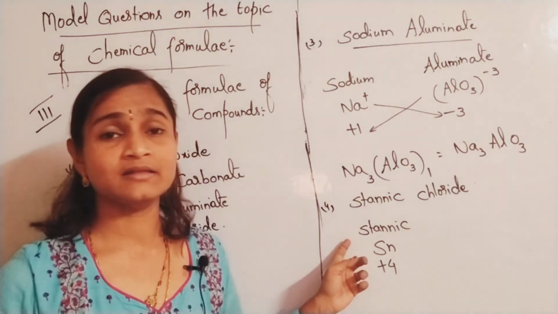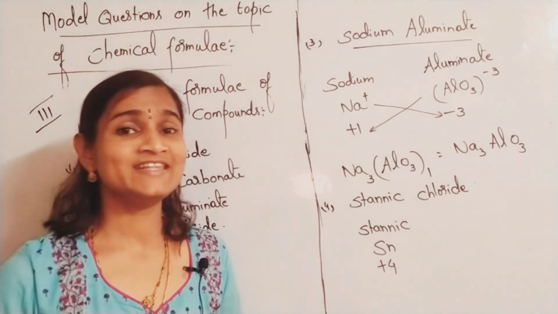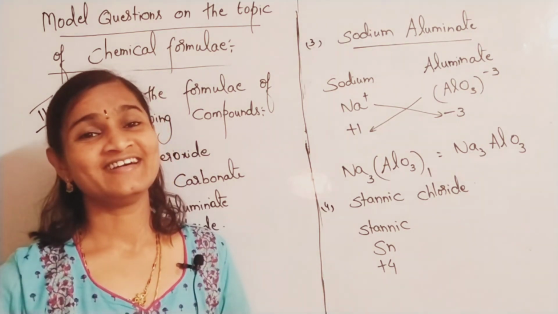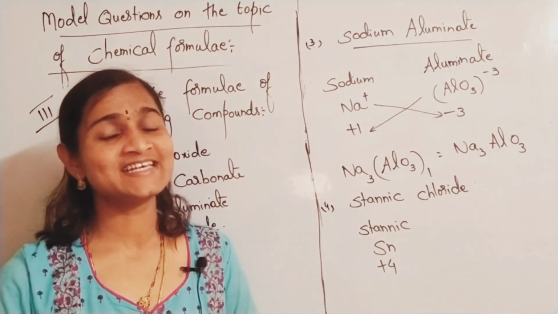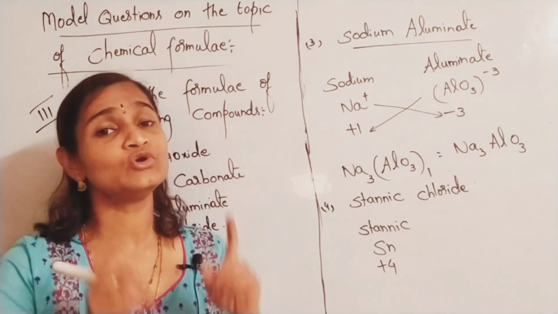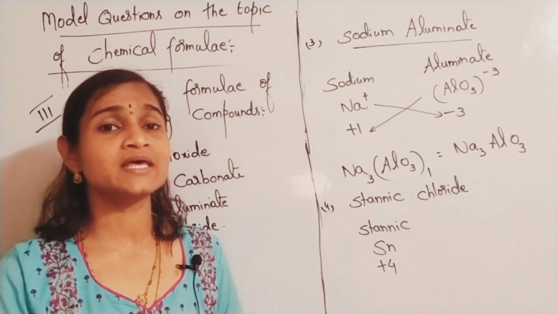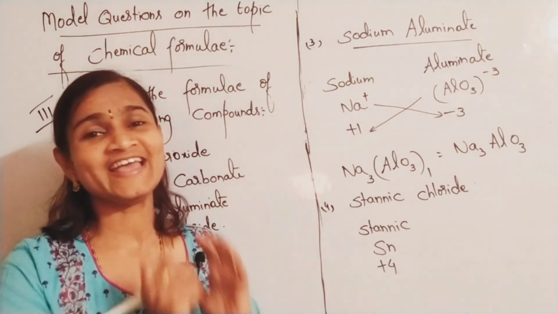For tin, this is what? Stannum means what? Tin. Tin has variable valencies 2 and 4. Okay, what are variable valencies? This also you can watch in my previous videos. Follow the playlist properly, then you will understand the whole concept with clear-cut examples.